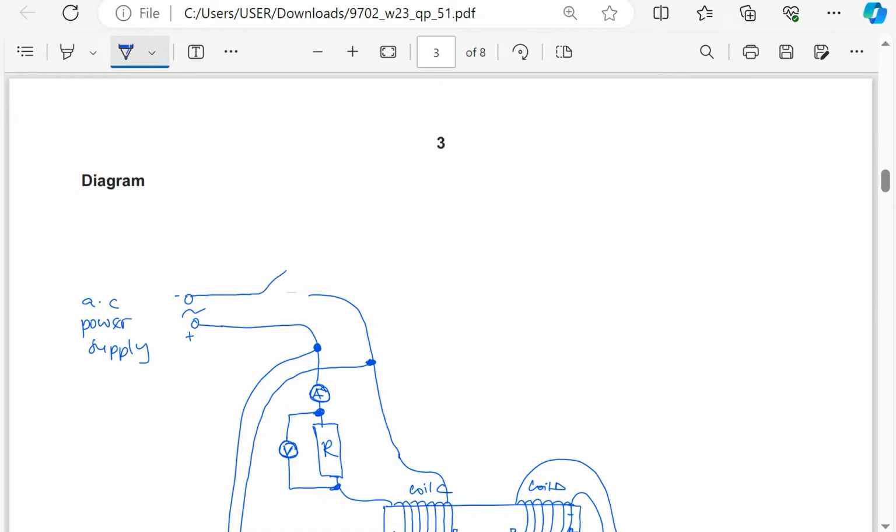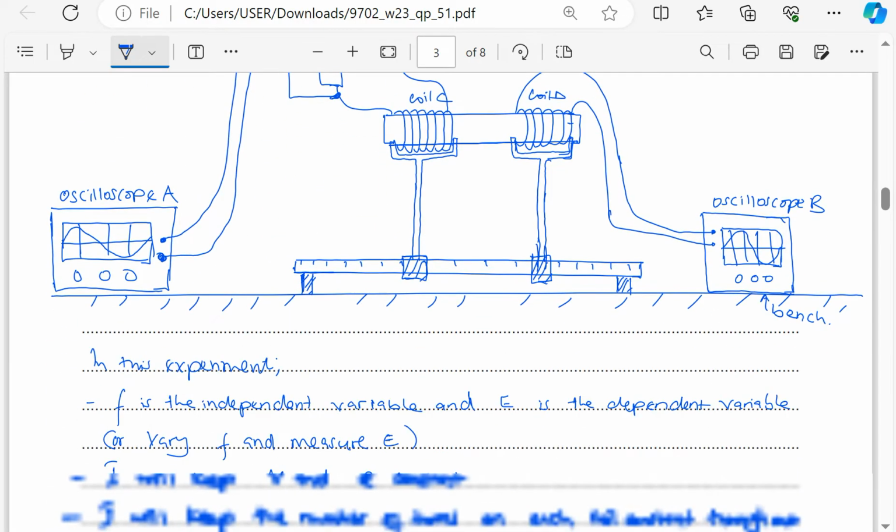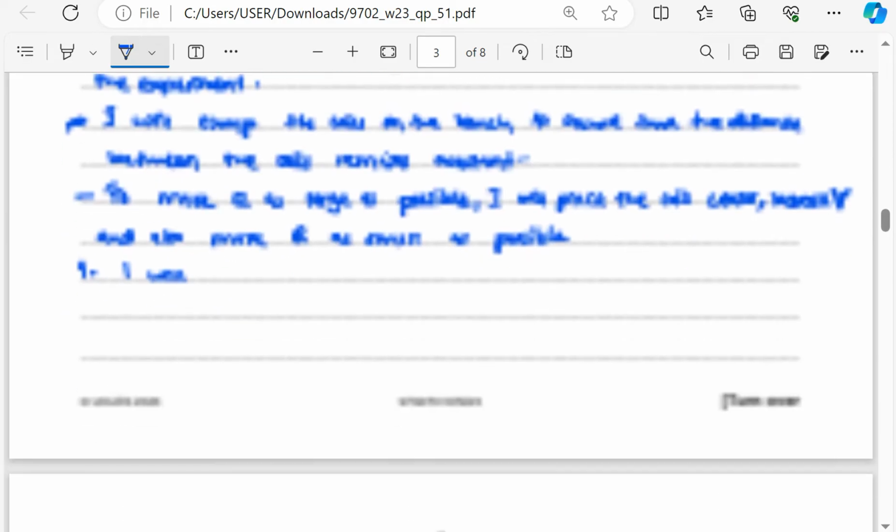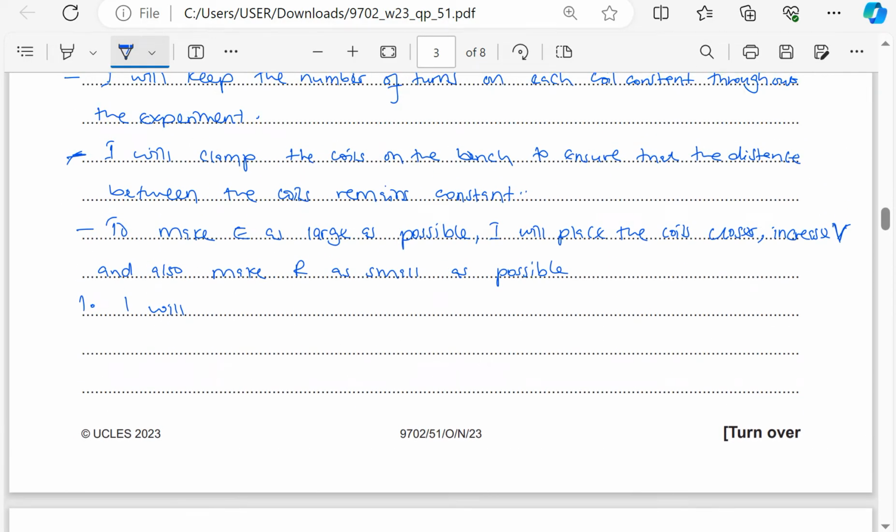So this is my switch, which is very important. I will now close the switch and determine R.